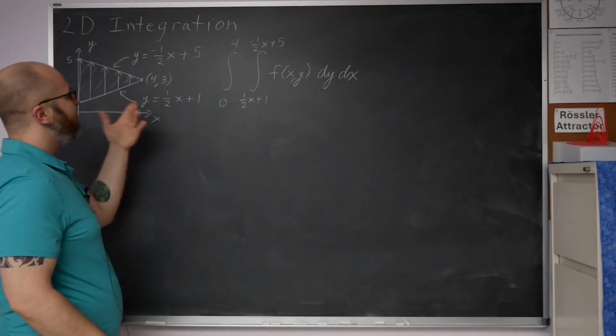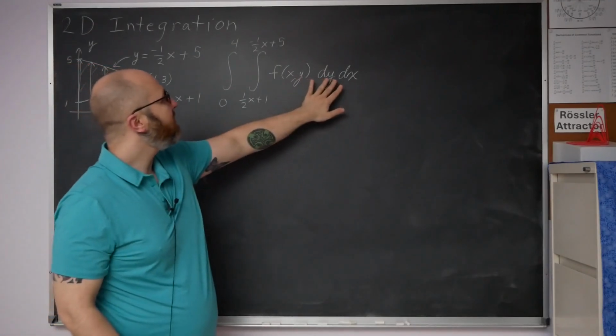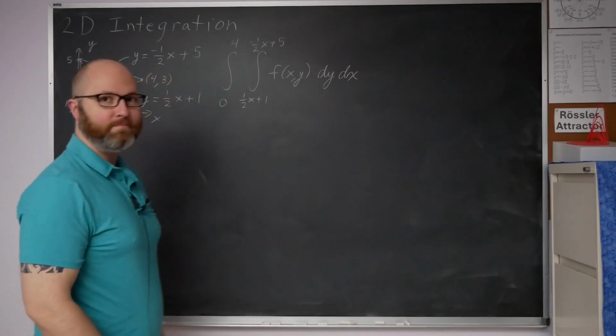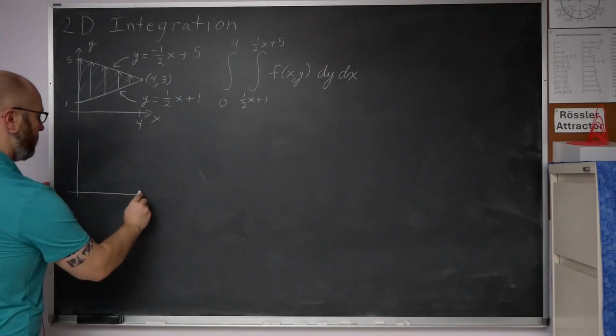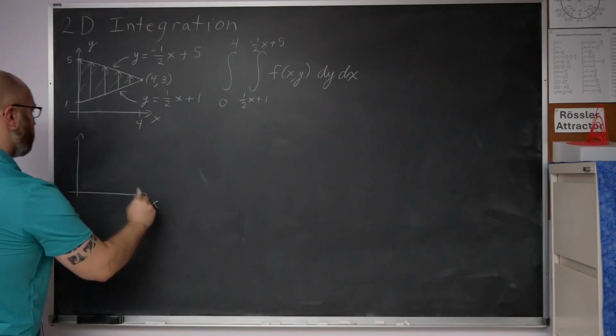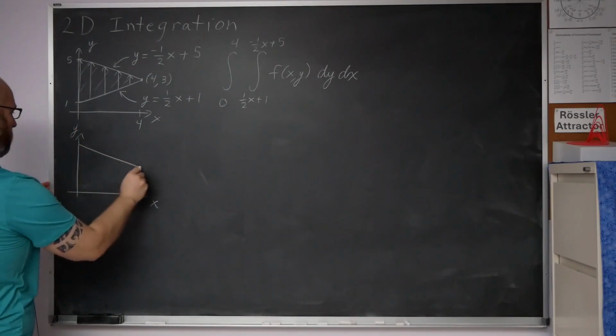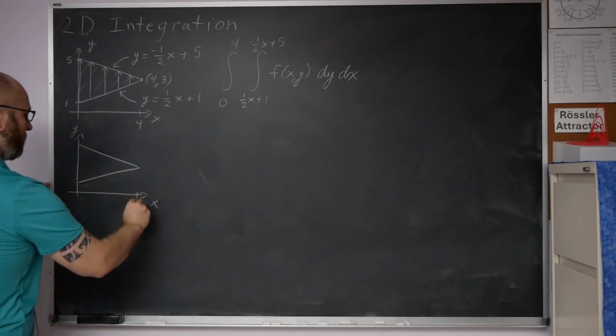But what if I change it a little? What if instead of doing dy dx, I want to do dx dy? Let's go ahead and see what happens with that. I'm going to redraw my triangle, not quite the same. Something like that.